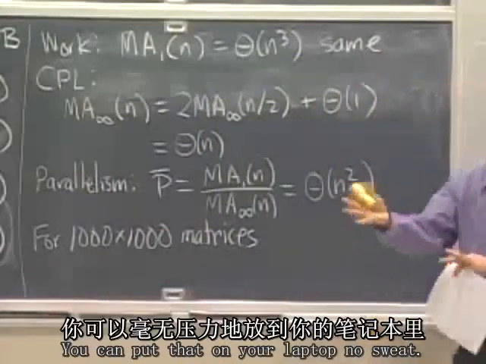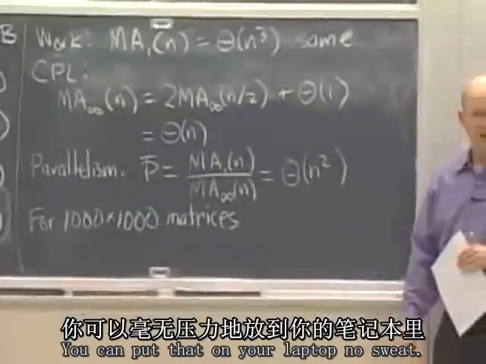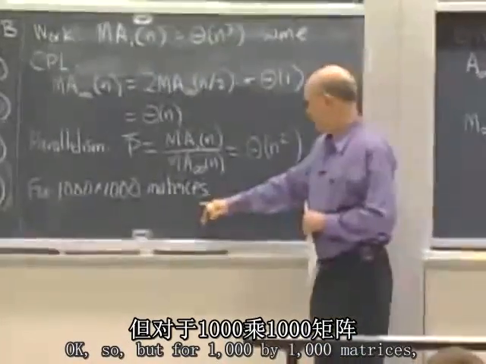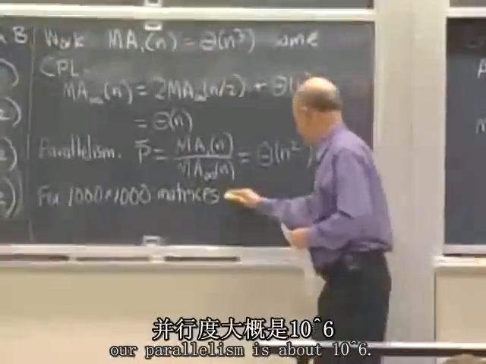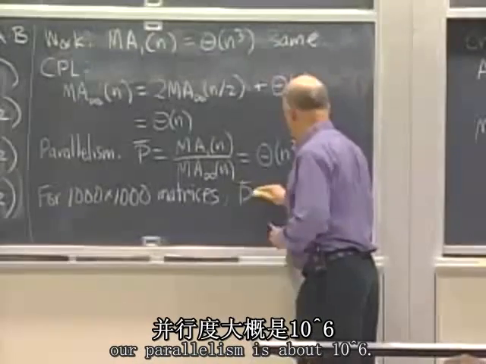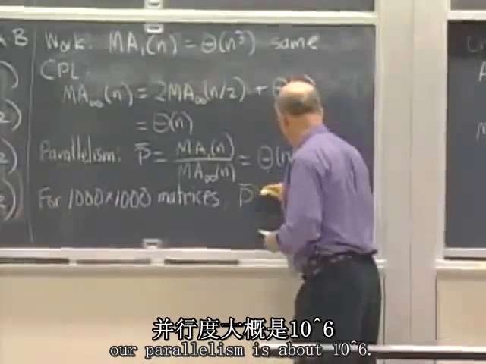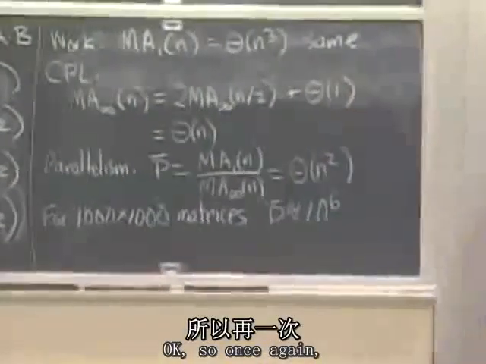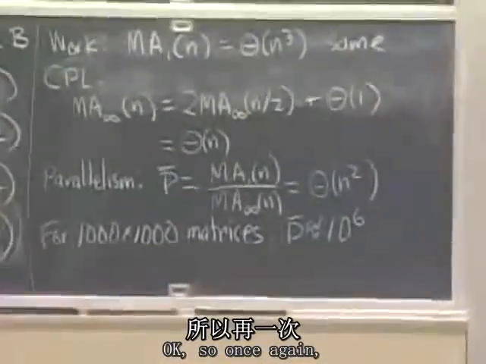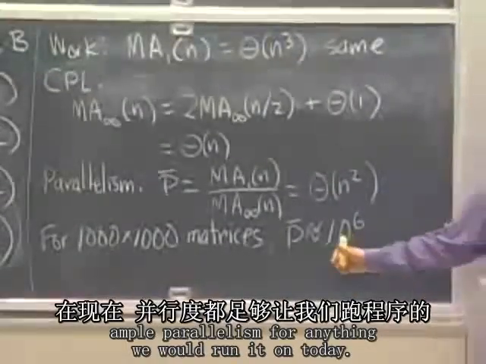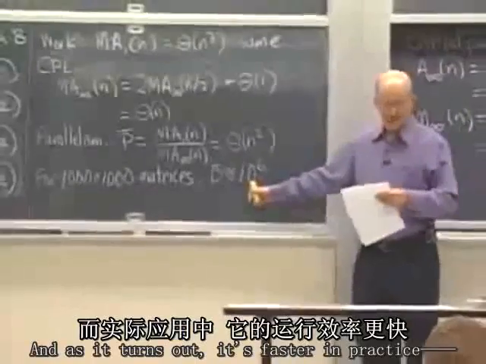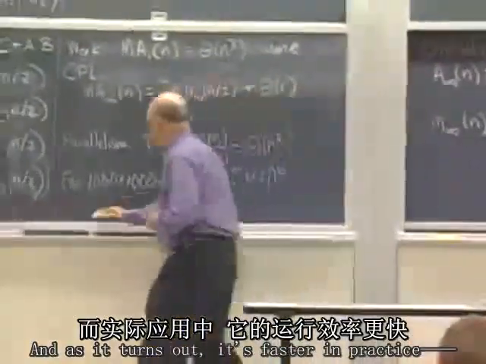Put that on your laptop, no sweat. But for 1,000 by 1,000 matrices, our parallelism is about 10 to the 6th. So once again, ample parallelism for anything we would run it on today. And as it turns out, it's faster in practice.